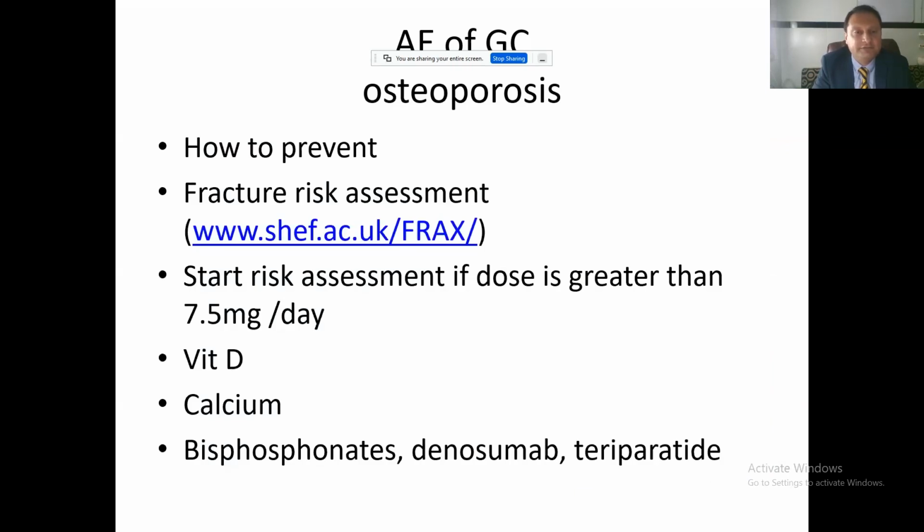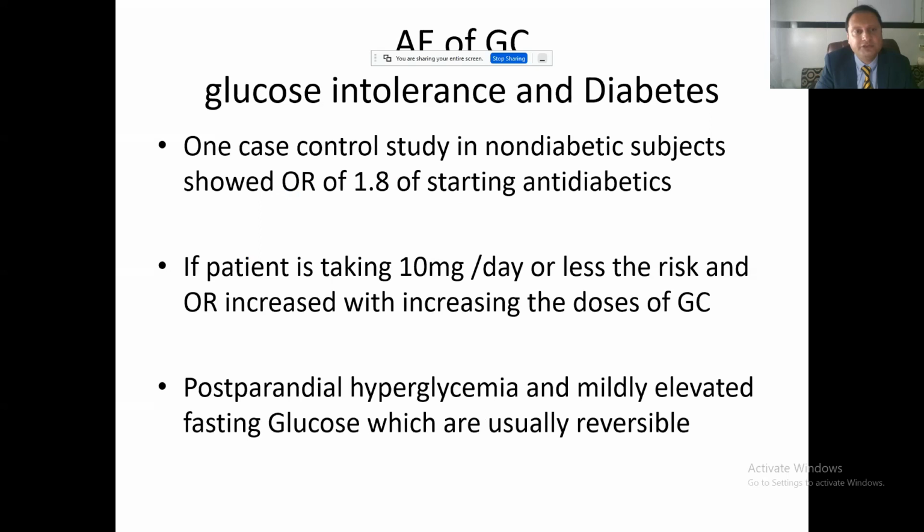You need to have fracture risk assessment scoring done from time to time, particularly in those patients who are taking steroids at a dose higher than 7.5 milligrams per day. Please do check their vitamin D, calcium, and consider bisphosphonate, denosumab, and teriparatide treatment depending upon the patient, and you can individualize these treatments accordingly, but they definitely would need treatment.